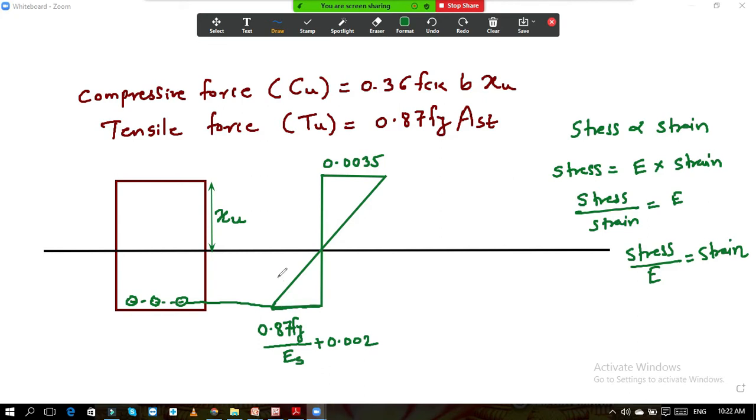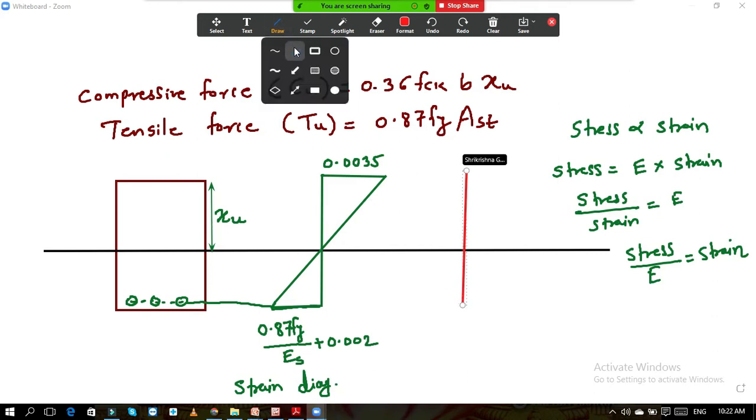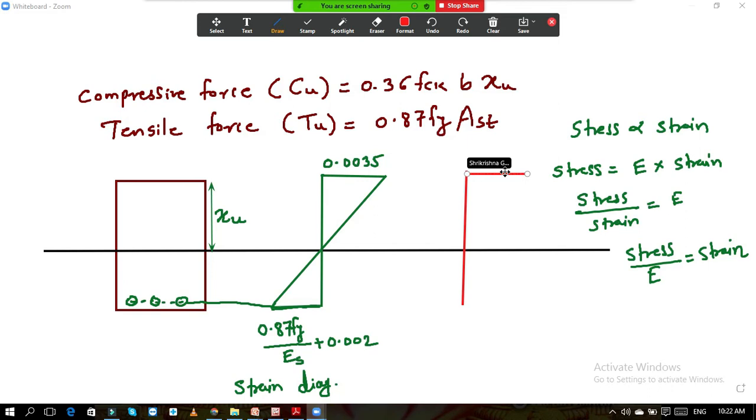Now this is our strain diagram. This diagram, we call this diagram as a strain diagram. Okay, all these are the standard things. Strain diagram. Then what about the stress diagram? So again this line. So here up to some distance, you know the graph, we have already discussed about it.